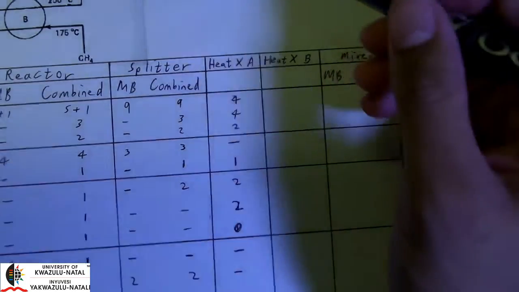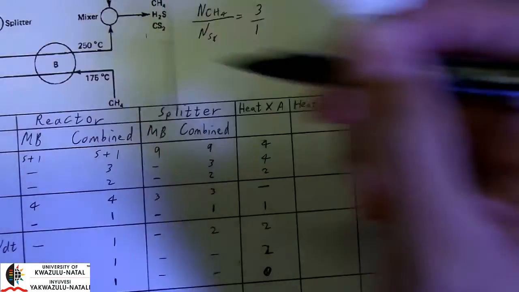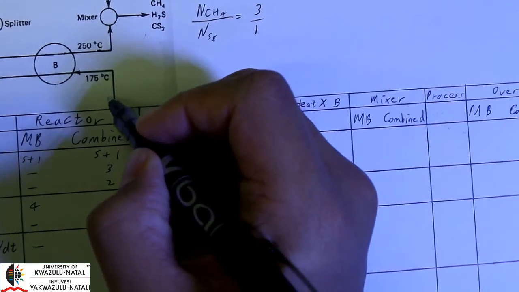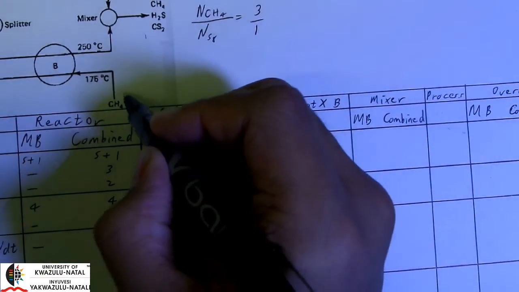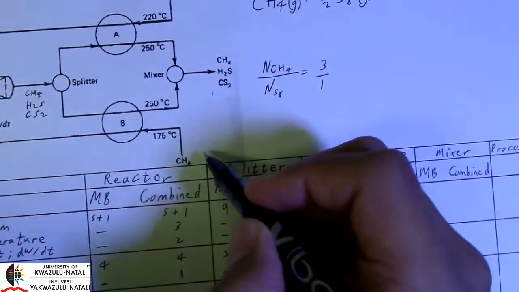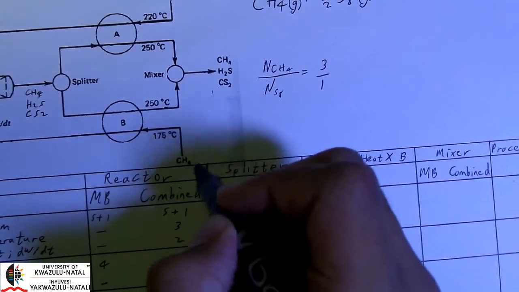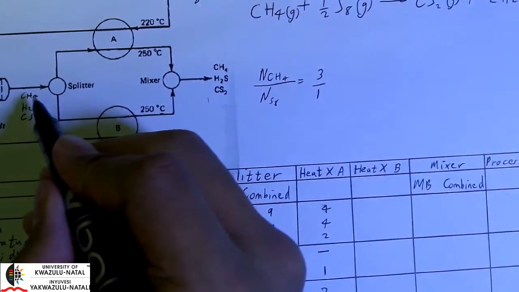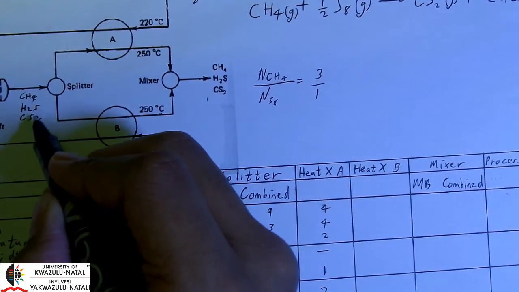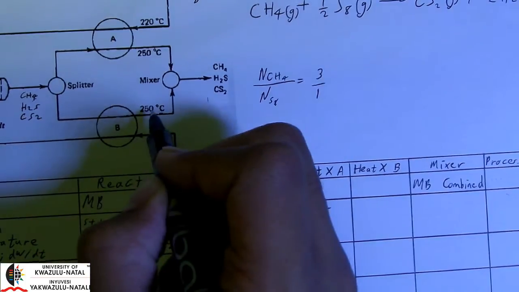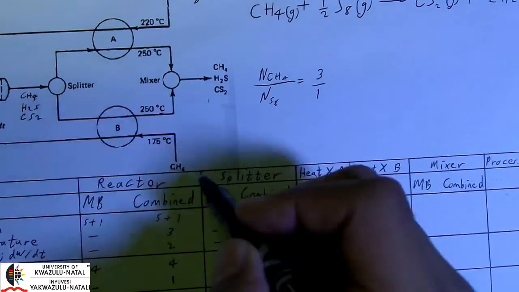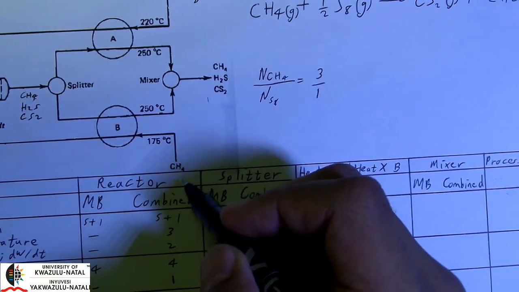And a similar approach for heat exchanger B. We again have a maximum of 4 variables. We have methane coming in here in this line, so that will count for 1 variable. Then we have methane, H2S and CS2 coming in this line, and those account for 3 variables here, so that's 3 plus 1, 4.